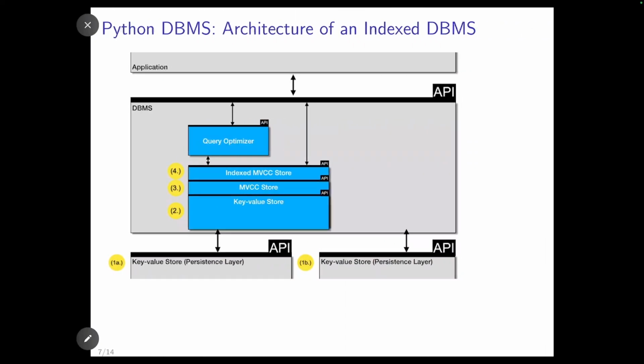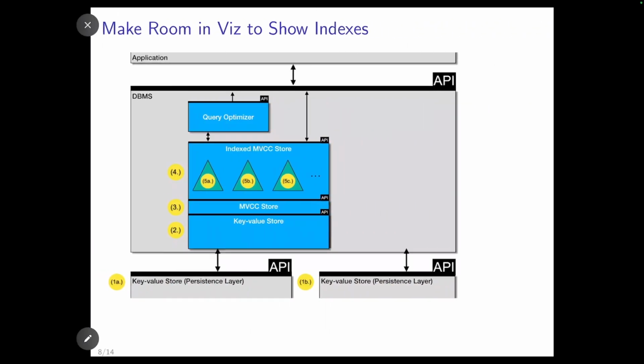Now I'm saying we have to extend our MVCC store to support indexes. So I write a subclass, indexed MVCC store or indexed transactional store, which of course, if you follow the hierarchy down here, is an index. And this indexed MVCC store, if we blow up the slide a little bit to make room, which is basically what I'm doing here, I just enlarge the layer a little bit, internally has indexes.